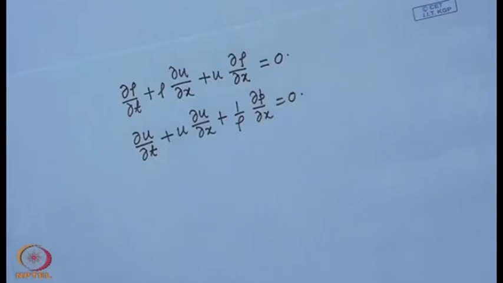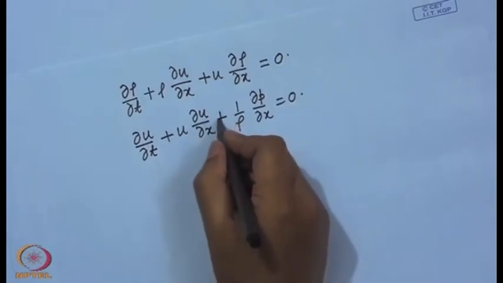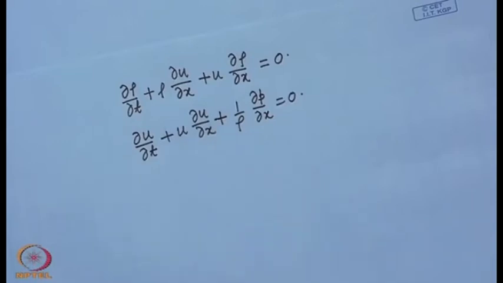Since we are considering an adiabatic non-viscous motion, the flow is isentropic, and consequently the energy equation can simply be written as either H 0, the total enthalpy, equal to constant, or entropy equal to constant.